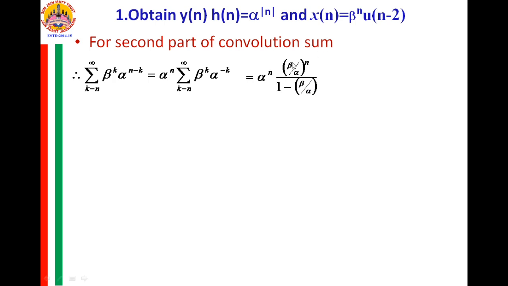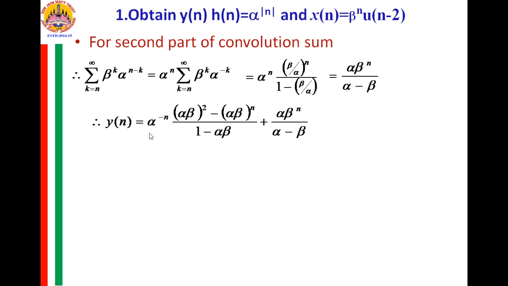Now multiplying with this alpha raised to n, you will get beta raised to n, and another alpha to both numerator and denominator. You will get in the denominator alpha minus beta, and in the numerator alpha into beta raised to n.